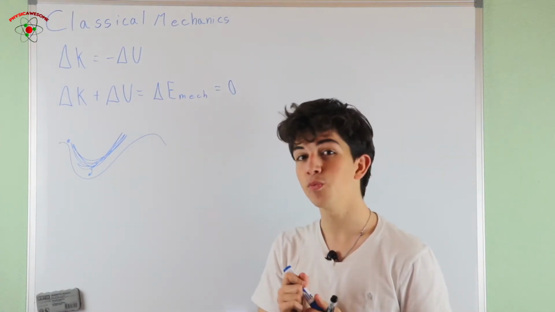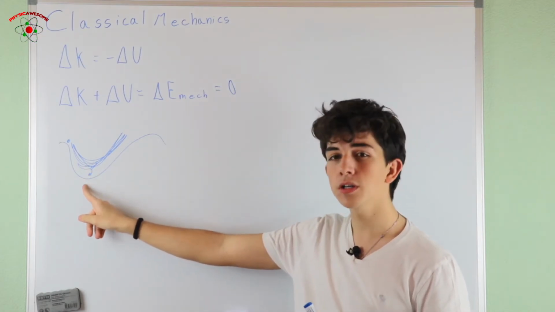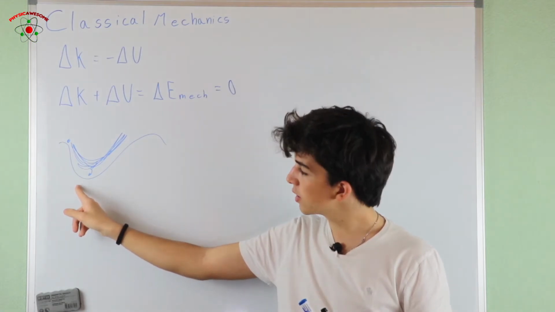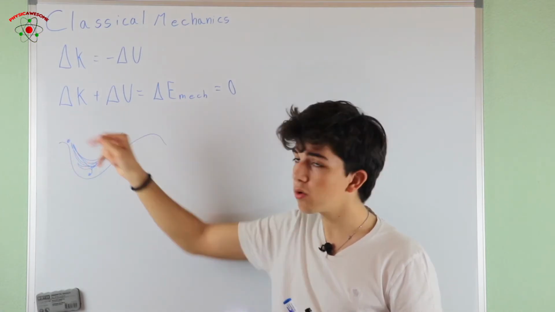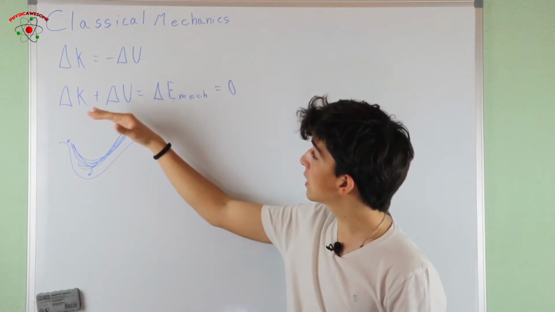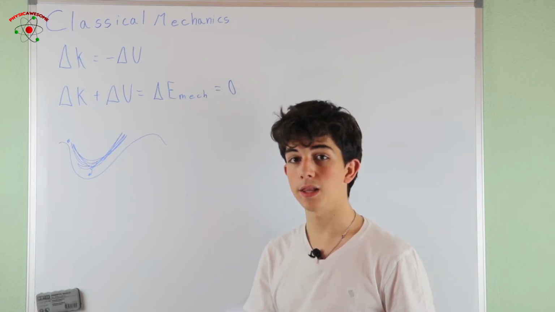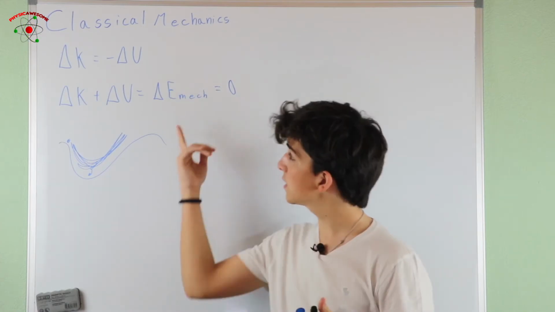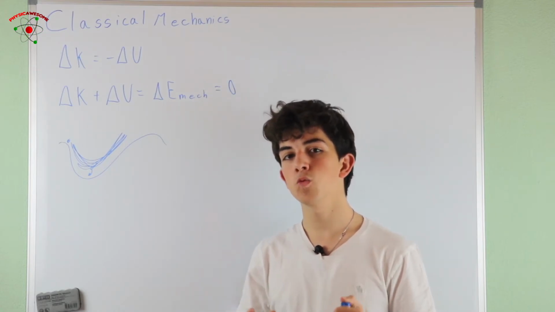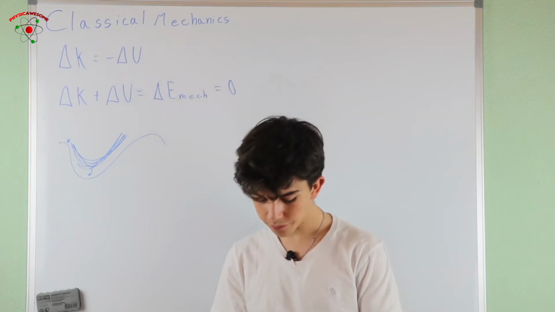And that is breaking conservation of energy, because at this point it will have less energy and it will have no kinetic energy. So it will have a total less amount of mechanical energy, and the change would not be equal to 0. That is where non-conservative forces enter the game.